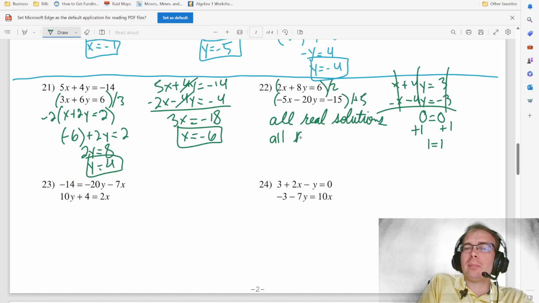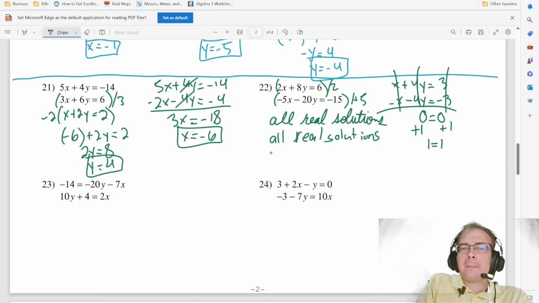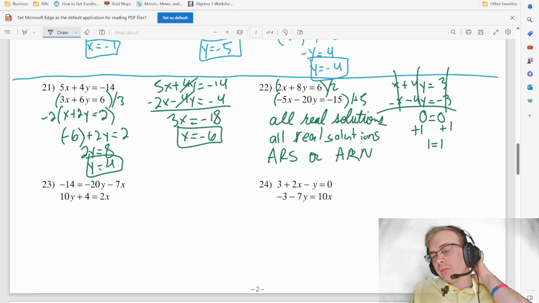I forgot how to write a print R for a second. There we go. All real solutions. You can also say all real numbers. So you can say ARS, all real solutions, or you can say ARN, where N stands for number.